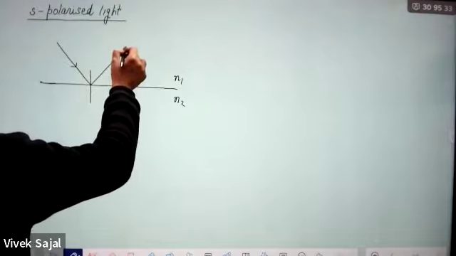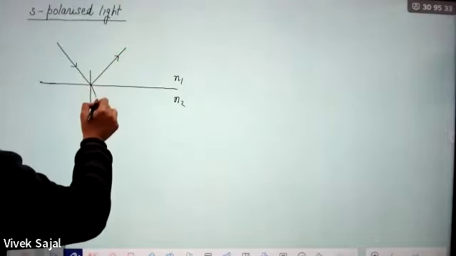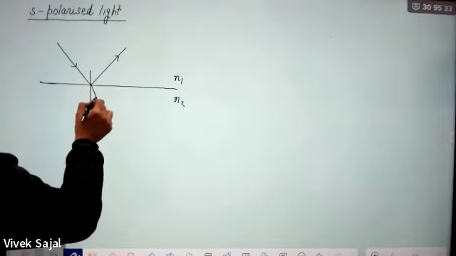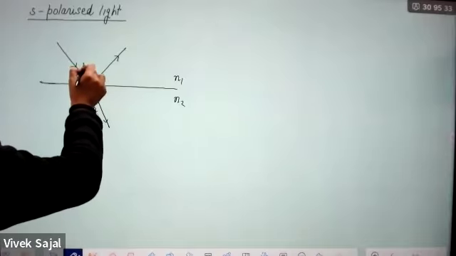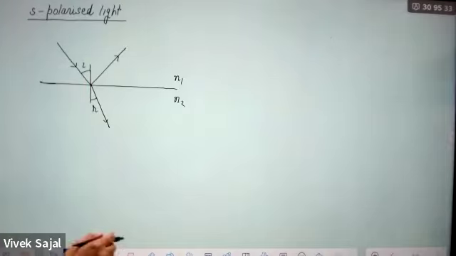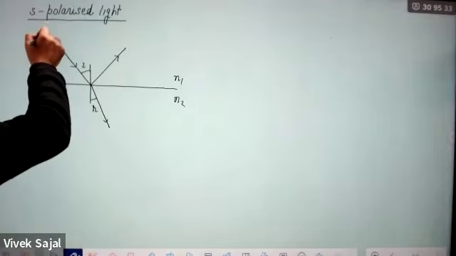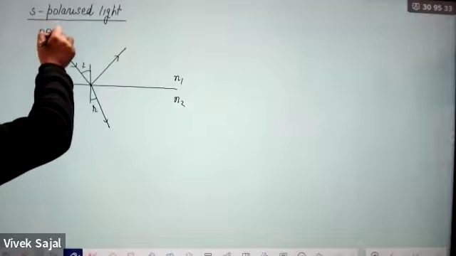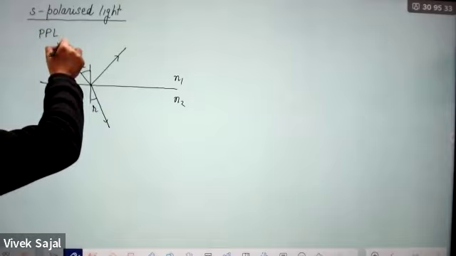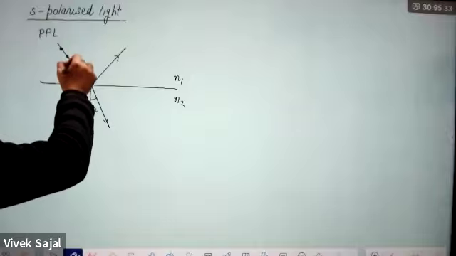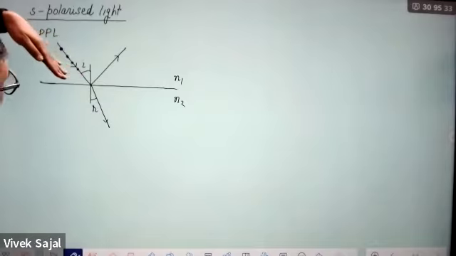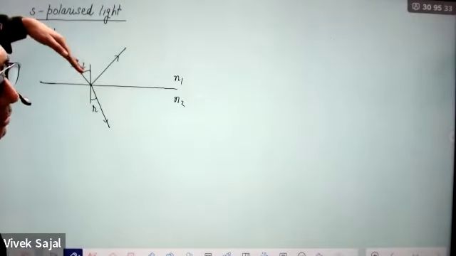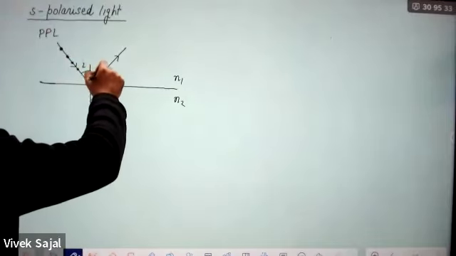A part of it will be reflected back, and a part of it will be transmitted. You call this angle r, and here this is the angle of incidence. Now suppose this is plane polarized light whose electric vectors are like this, perpendicular to the board. For this incident light, they are confined in this plane, perpendicular to this board.